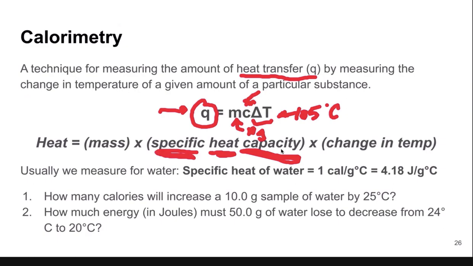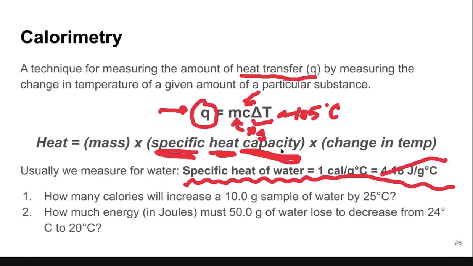You may have even heard the sentence before, water has a high specific heat capacity. And this is what we're talking about. It means that for every gram of water, changing 1 degree Celsius will affect the heat change by a lot. So again, right here, the specific heat of water is just this constant. Sorry I crossed that out, but it's 4.18 joules per gram Celsius.